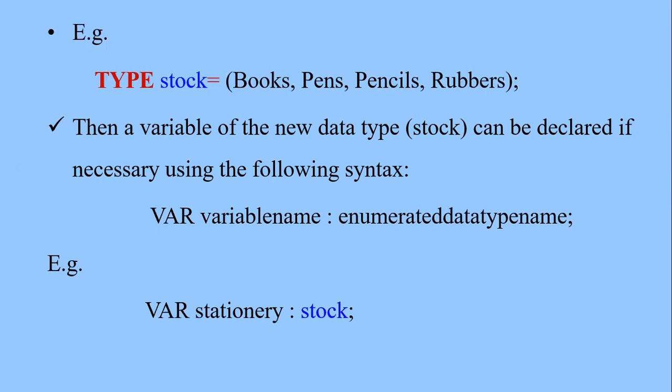So in this case, stationery is a memory location or a variable which holds data of type stock. And what is data of type stock? The data of type stock contains 4 elements, that is books, pens, pencils, and rubbers.